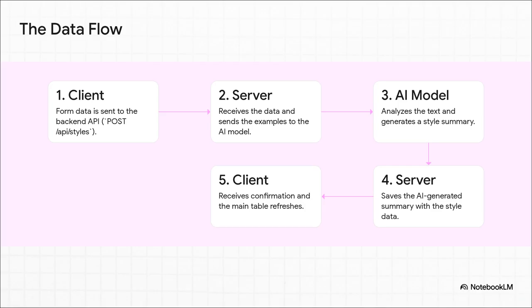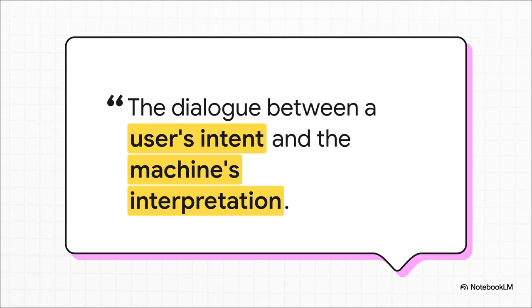That summary gets saved, your screen gets the thumbs up confirmation, and boom, the table refreshes and your new AI style is sitting right there, ready to go. And this just brilliantly illustrates the dialogue that's happening here. It really is a conversation. It's you, the user, expressing what you want through examples, and it's the machine, interpreting that intent and building a reusable model from it. It's this perfect marriage of human creativity and machine analysis.